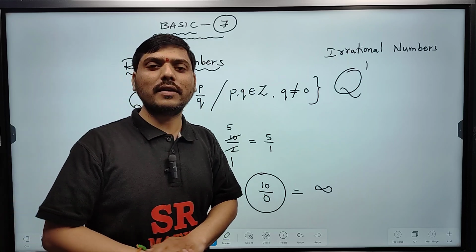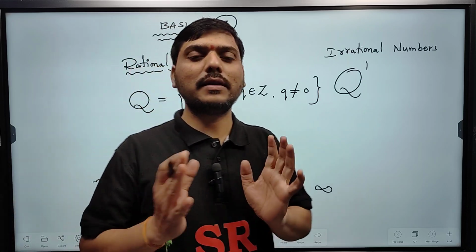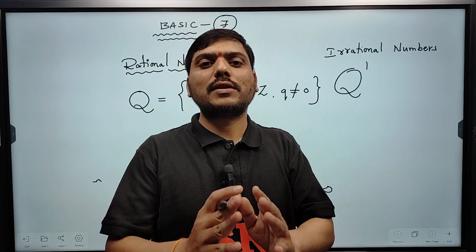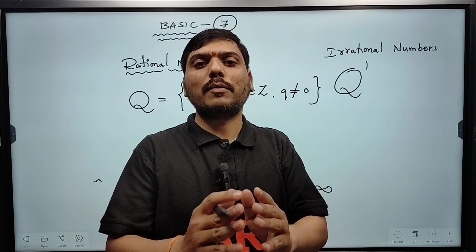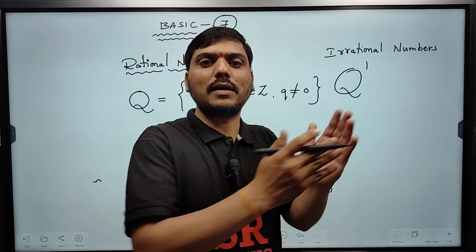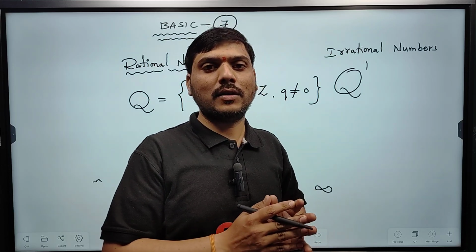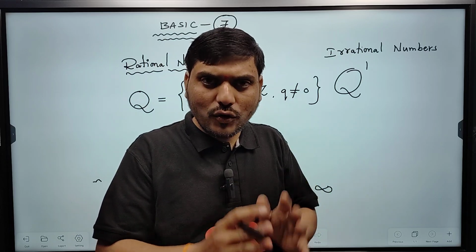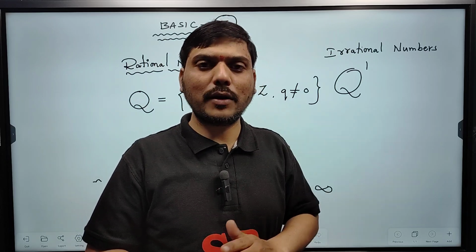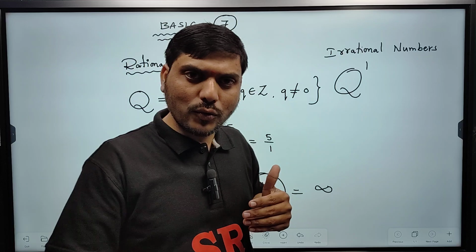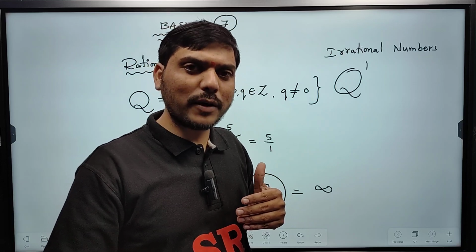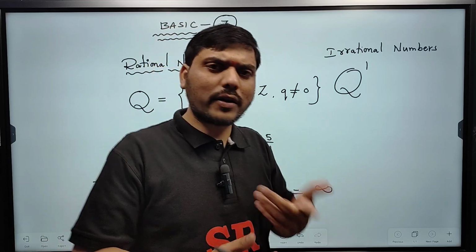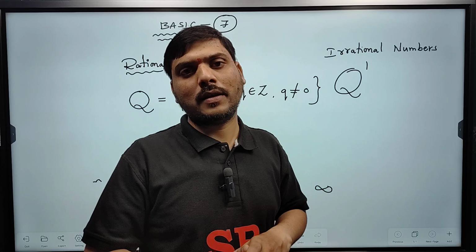Which numbers are called irrational numbers? Simply put, numbers that cannot be written in the form of P by Q are called irrational. If you can write a number in P by Q form, that is rational. If you cannot, that is irrational.